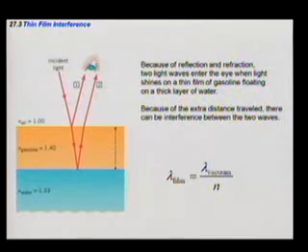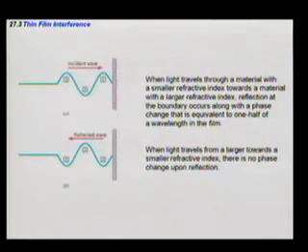Now, here's the deal. When light travels through a material with a smaller refractive index towards a material with a larger one, so if we're going from air to gasoline, reflection at the boundary occurs along with a phase change that is equivalent to 1/2 the wavelength in the film. So it's 1/2 lambda film. Let's go back.